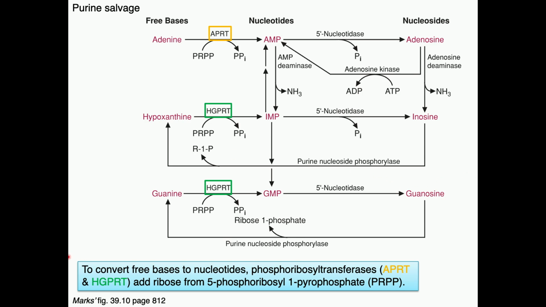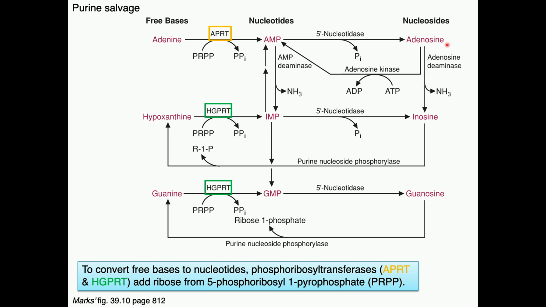Okay, so the phosphoribosyl transferase enzymes are involved in making a free base into a nucleotide. Making a nucleoside into a nucleotide is a little bit dicier or a little bit more complicated.